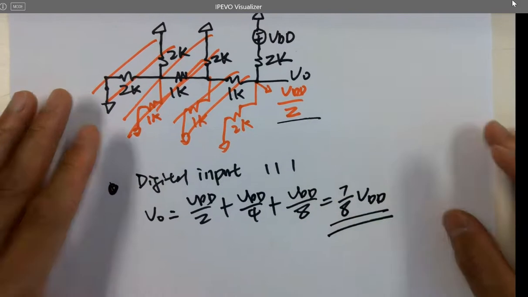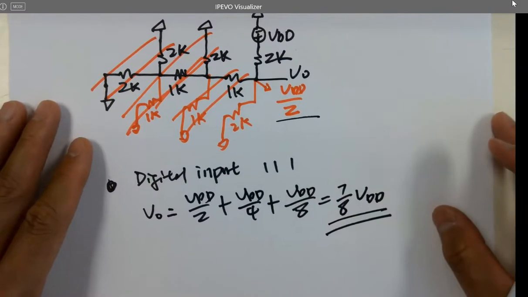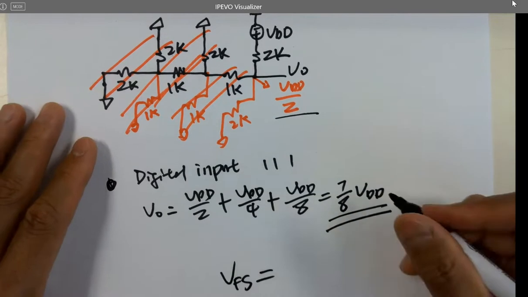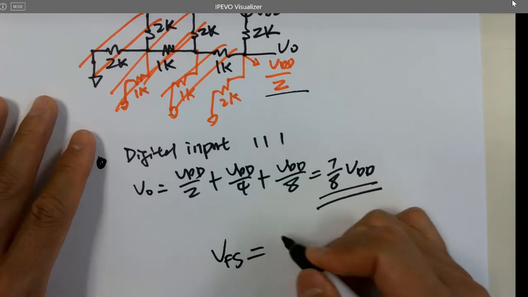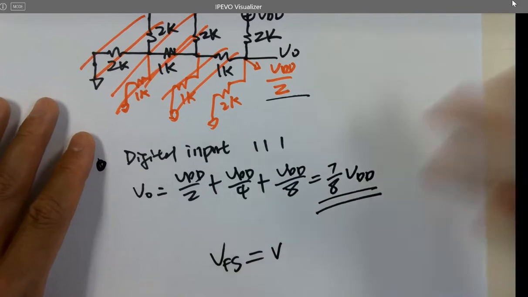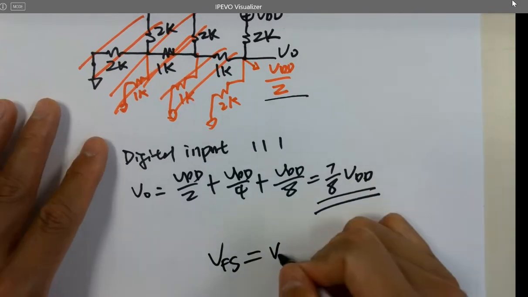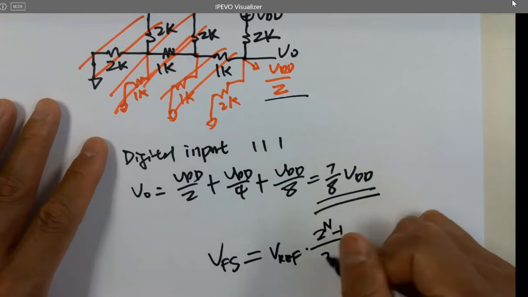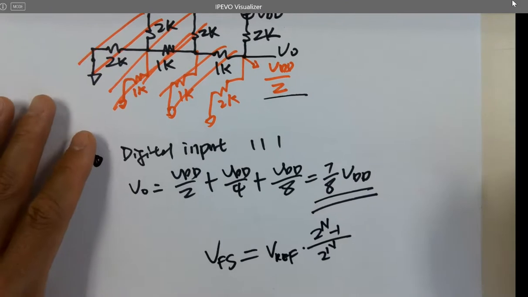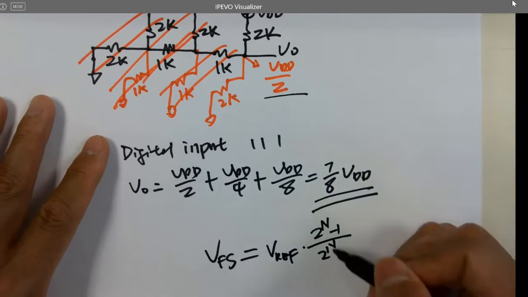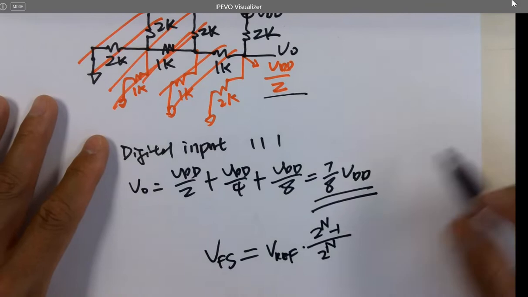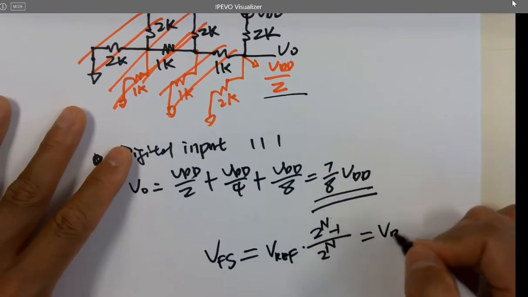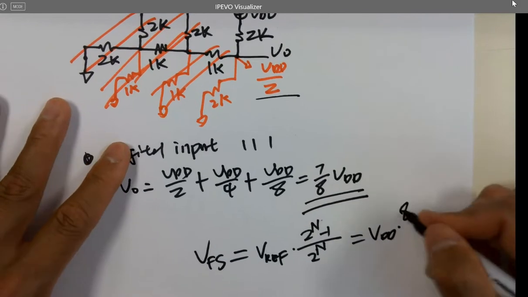That's the largest input it can get for the DAC. Remember what's the full scale output for the DAC? VREF, right? Here VDD is VREF, which is correct. So VREF times that, that's what we got last time, right? Is that the same thing here? Yes. So it's VDD times 8 minus 1 over 8.